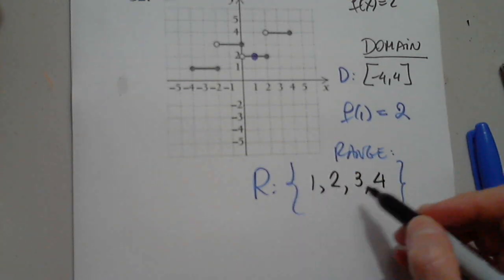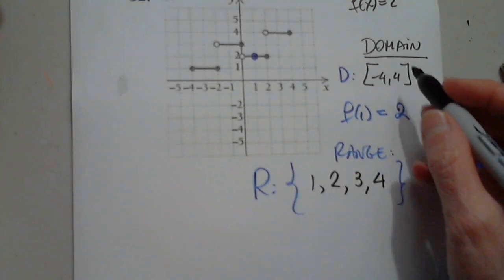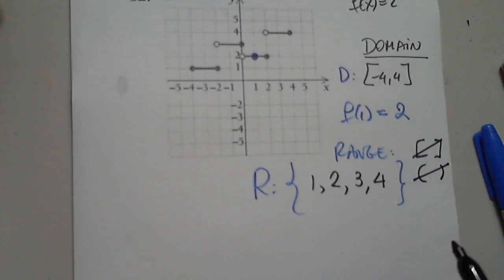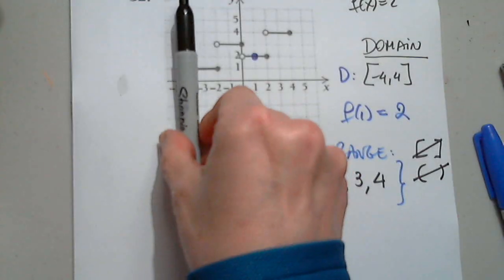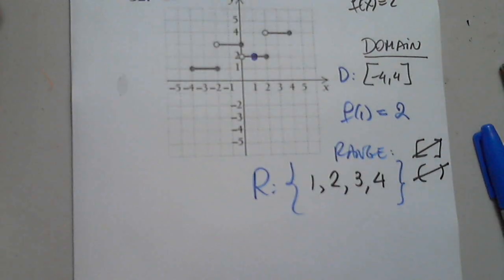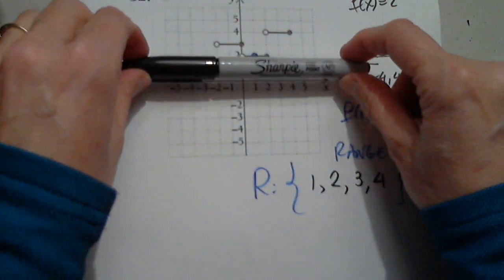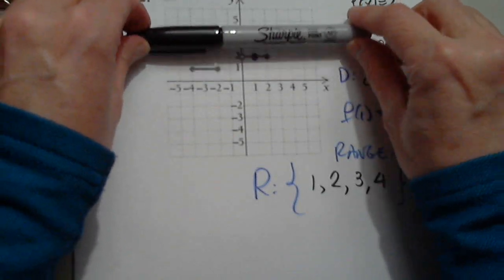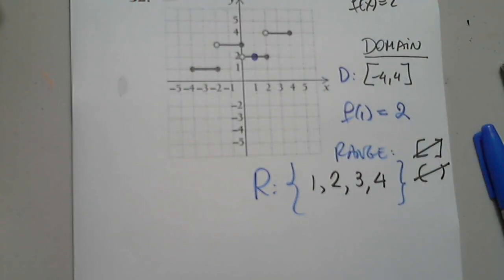Notice that I'm using braces. I cannot use brackets. I cannot use parentheses. Because these mean everything, one next to the other. This one says no, no, no, 1. Yes. No, no, no, 2. Yes. No, no, no, 3. And so on and so forth.